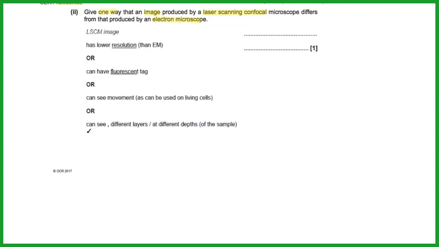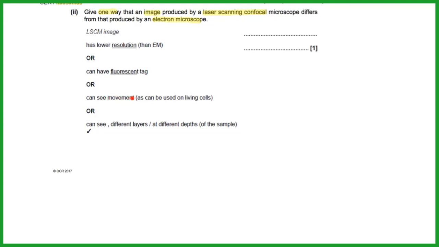So the resultant image from a laser scanning confocal microscope will have a lower resolution. It will be able to see movement because you can use living specimens, and also you can look at different depths into the sample. So important points here: it's got a lower resolution than the electron microscope. You can fluorescently tag particular molecules and then you detect the fluorescence emitted when you shine a laser on it.